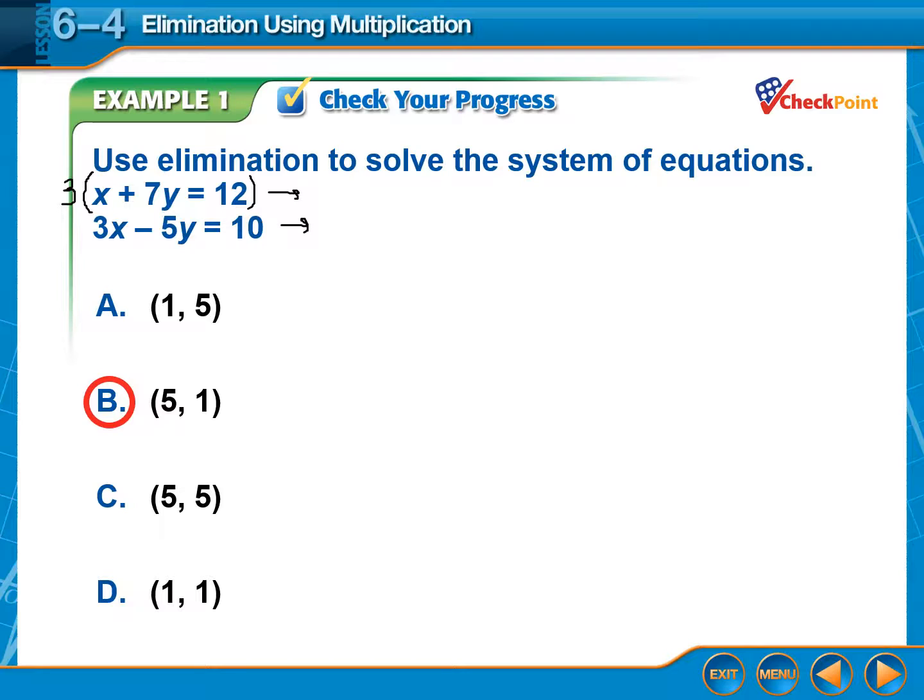So if I multiply each of these terms by 3, that gives me 3x plus 21y is equal to 36. My second equation is going to stay the same. It's going to remain 3x minus 5y is equal to 10.